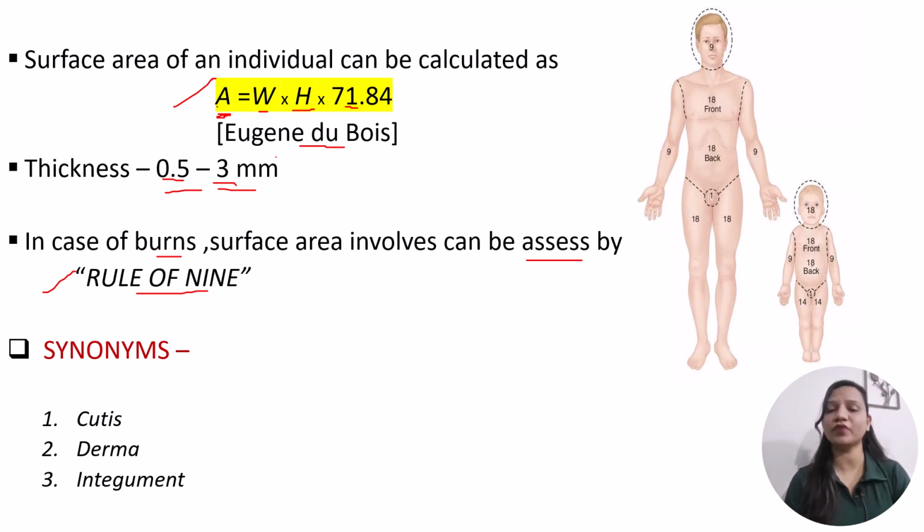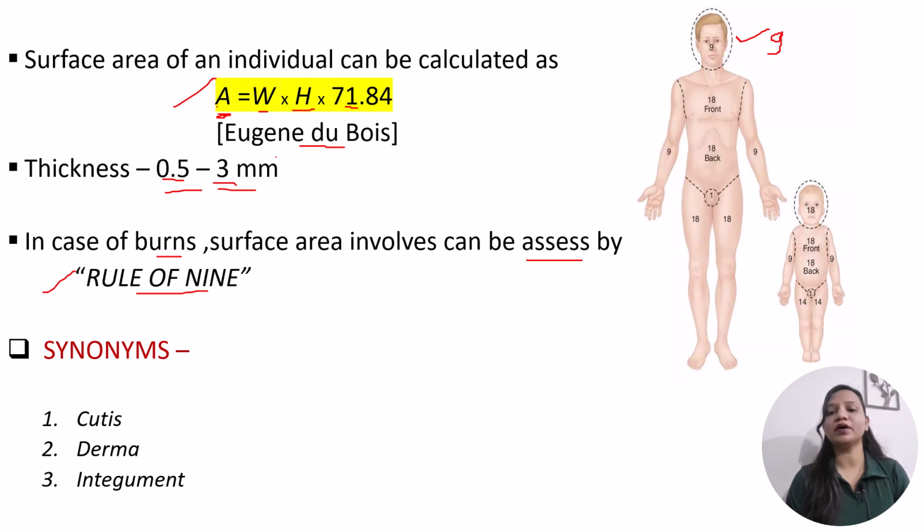So what the rule of 9 says is that it gives a specific percentage to each specific part of the body. If the burn occurs in that specific part, the burn is denoted by that percentage. For example, in adult, the head region is denoted by 9%.